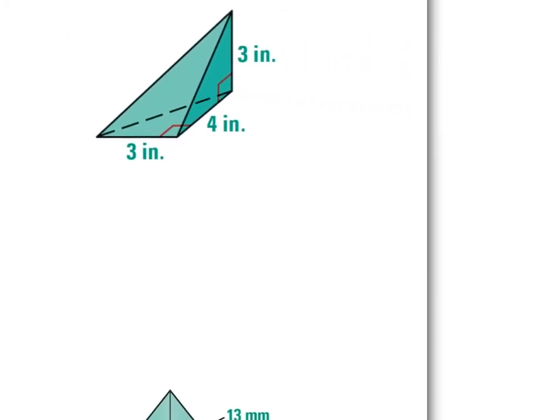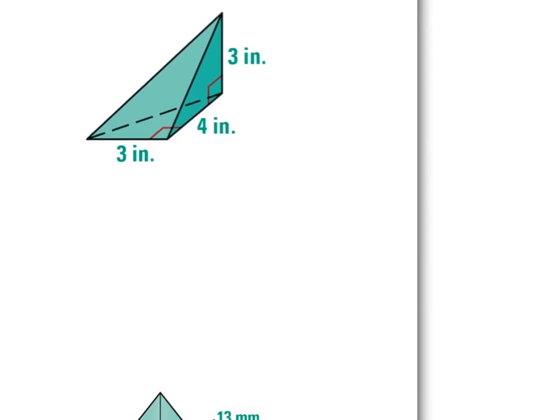Okay, let's take a look here at the triangular pyramid. You'll notice the base shape is a triangle. So the volume is base times height of the triangle times height of the pyramid, divided by 6. You have a right triangle as your base shape.